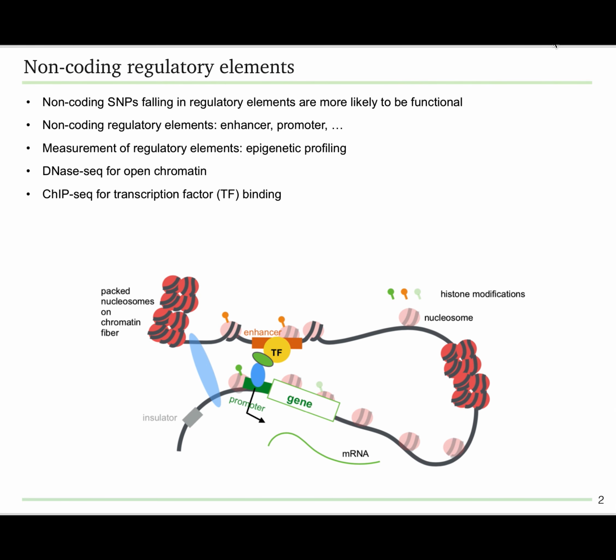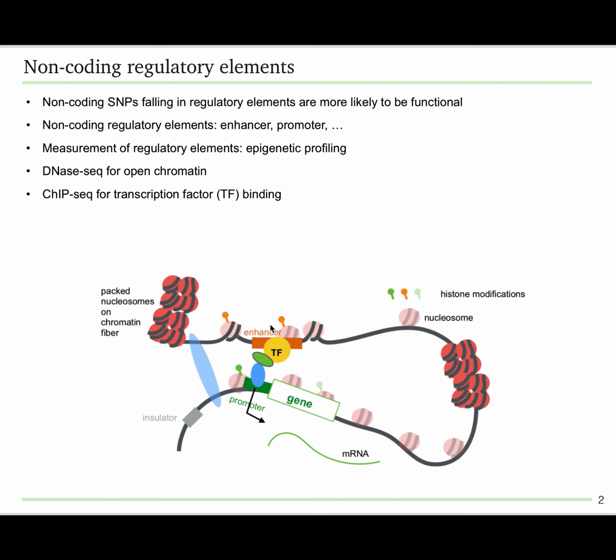The figure here showcases the idea of components of gene regulatory machinery. It is known that DNA molecule is packed by nucleosomes on the chromatin fiber with different levels of DNA accessibility at different locations.